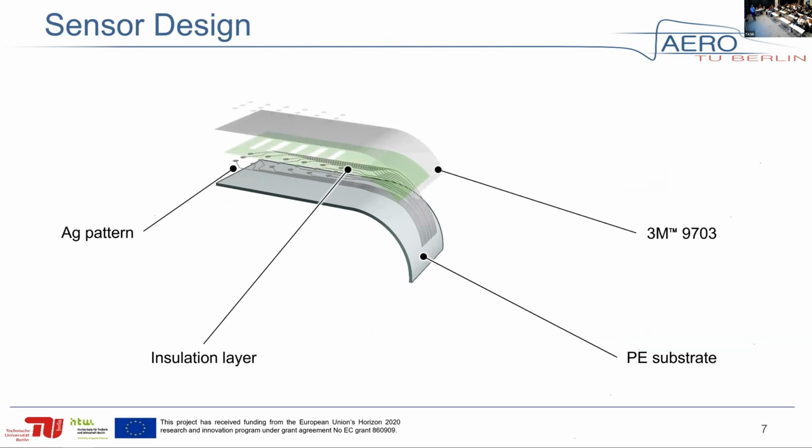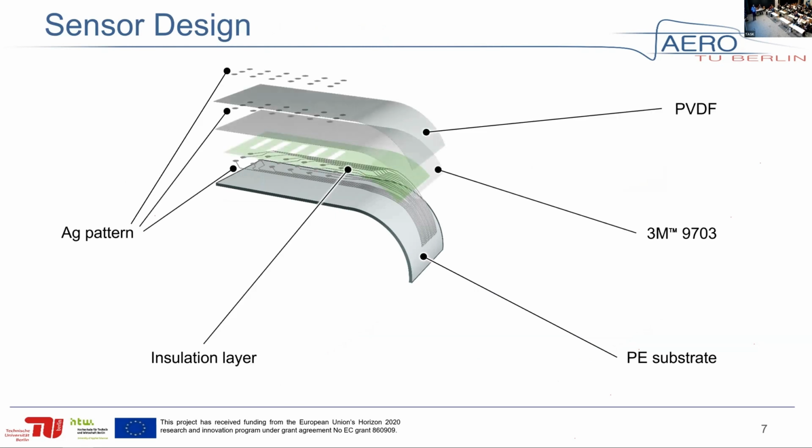And this is a schematic representation of the sensor we came up with. It's based on a flexible polyethylene substrate. And we screen print silver ink over it to create these wires that extract the signal from the active elements, and they bring the signal to the charge amplifier. And over that, we placed an insulation layer.